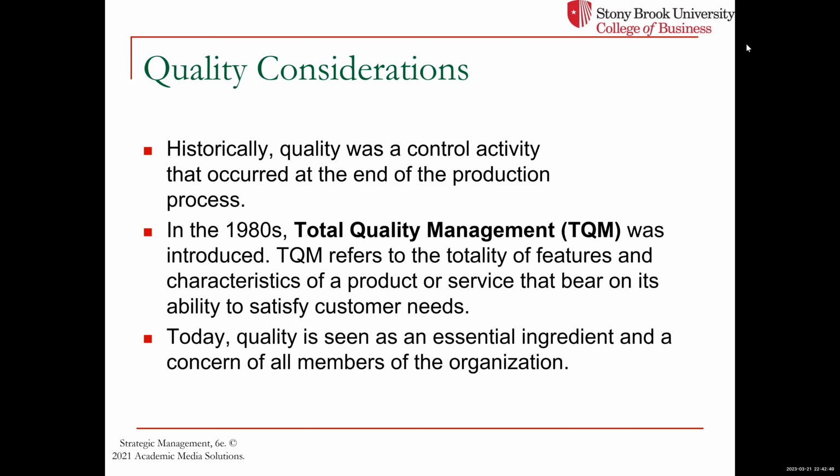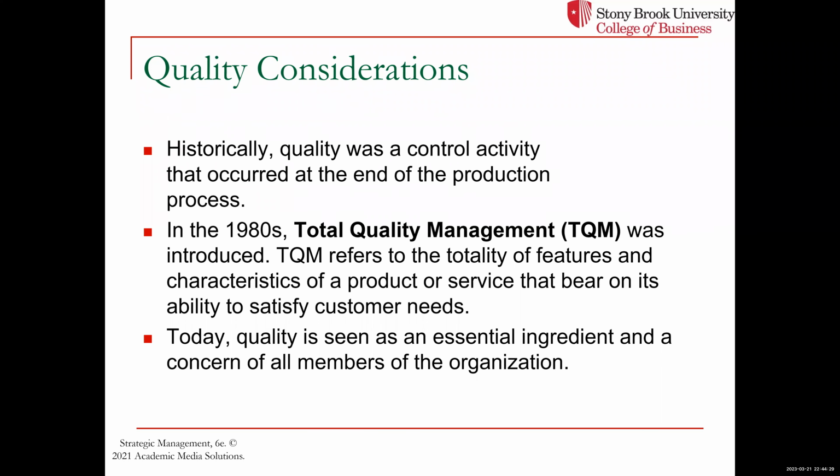So historically, quality has been perceived as a control activity that occurs at the end of the production process. But more recently, especially since the 1980s, total quality management was introduced, and it simply means that the total quality of product features or characteristics must be able to satisfy customer needs.